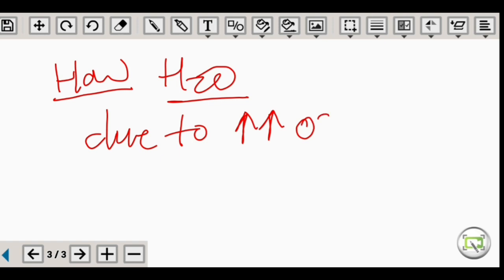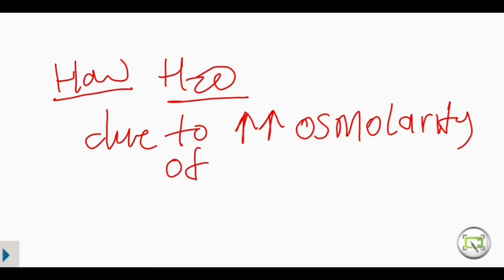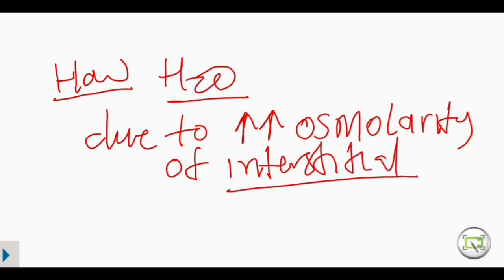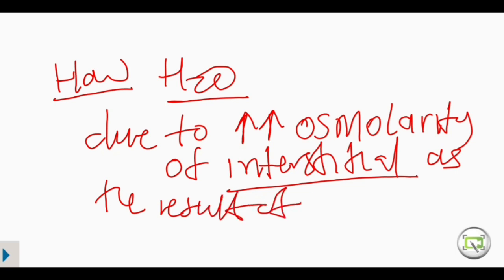The increase in the osmolality of the interstitial fluid is because of the continuous reabsorption of sodium and chloride in the thick ascending limb, of which we are going to see how it is being done. So following sodium and chloride, water is continuously reabsorbed in the descending limb in order to equalize the osmolality between the interstitial and the renal tubule.